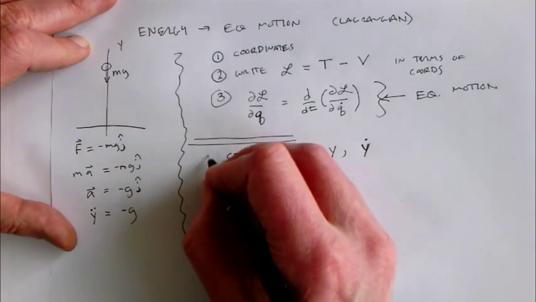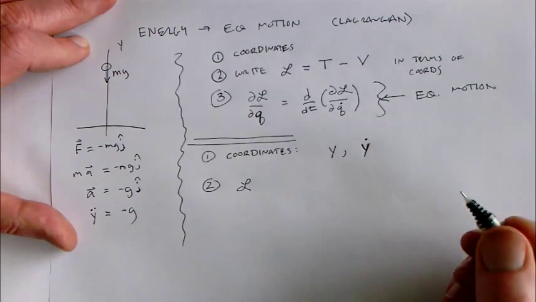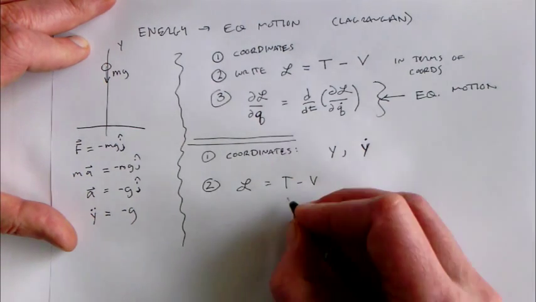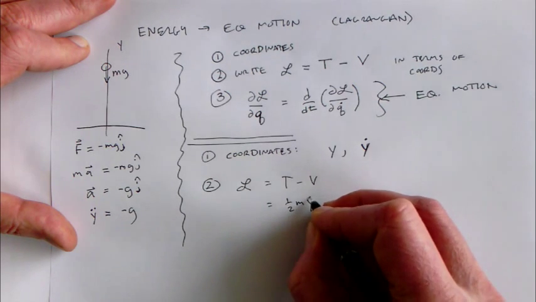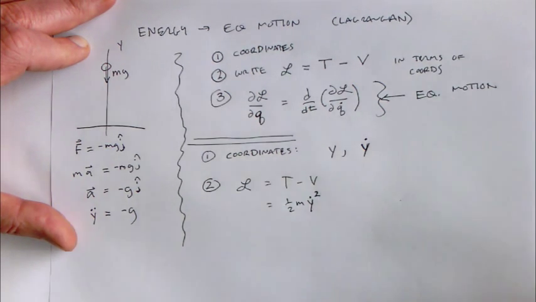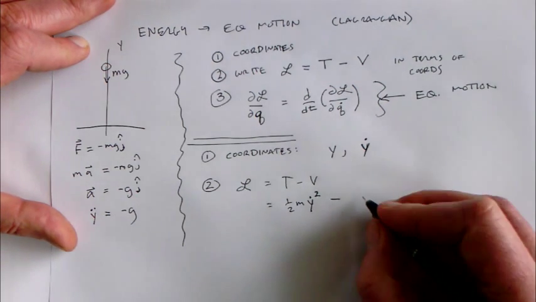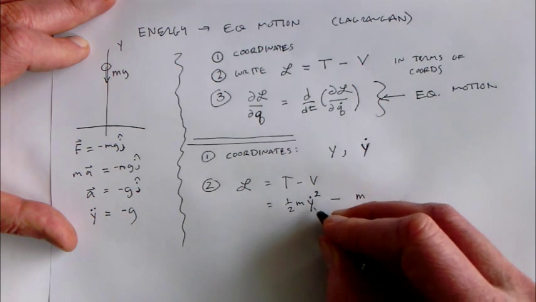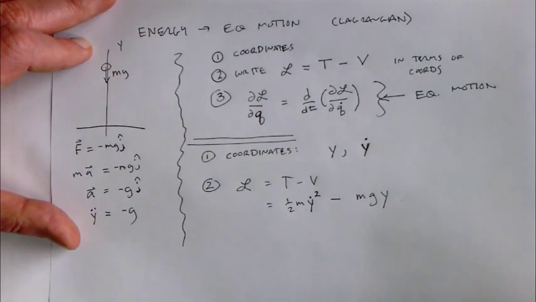So my Lagrangian is the kinetic energy minus the potential energy. The kinetic energy is 1/2 mv squared. Well, in this case, v is simply y dot, so 1/2 m y dot squared. And my potential energy is going to be mgy. So my Lagrangian will be 1/2 m y dot squared minus mgy, right?